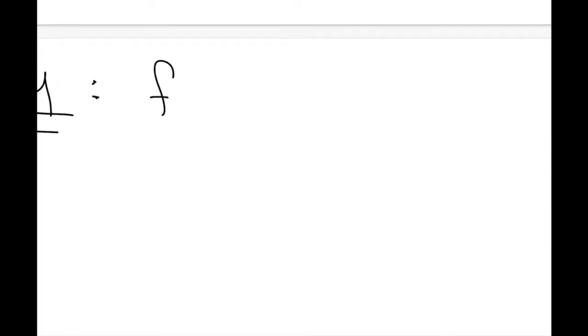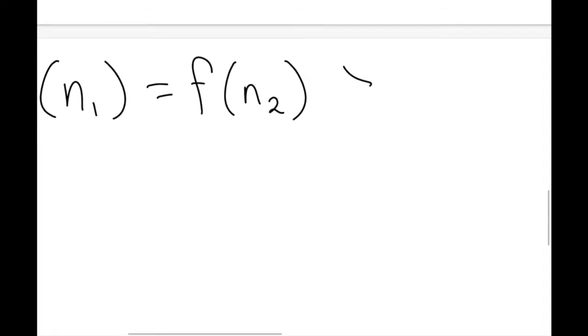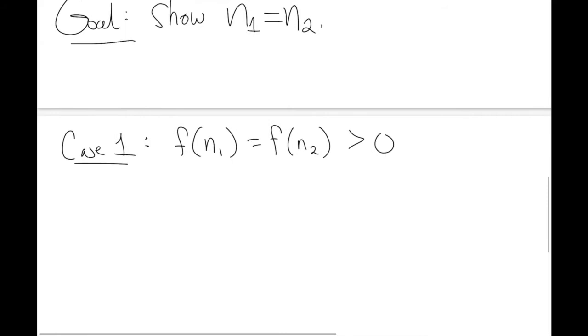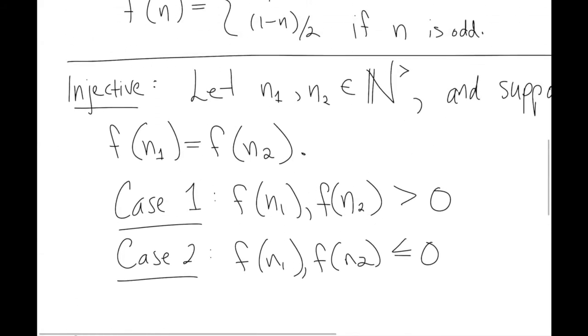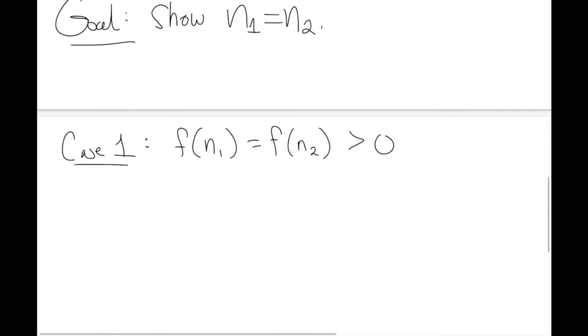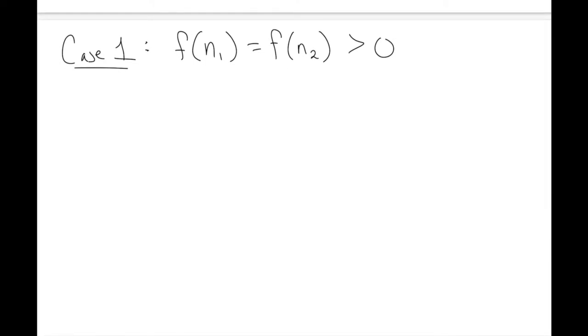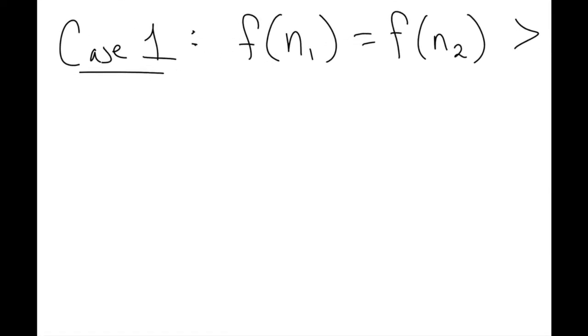So we're supposing that f of n1 equals f of n2 and that thing is positive. And so again, looking back at our definition here, we're going to be positive if and only if n is even. So that means that in this case, both n1 and n2 are going to be even. Okay, so we can write that down. So then n1 and n2 are even.